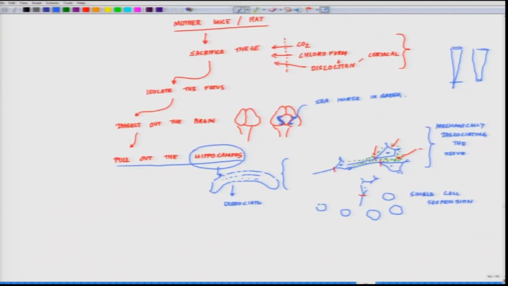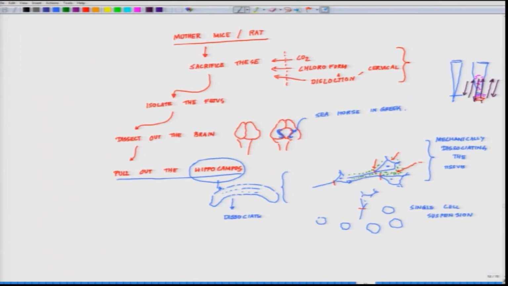So, you have your tissue out here in the medium. You take the tissue in, out, in, out, in, out. In that process, what will happen?